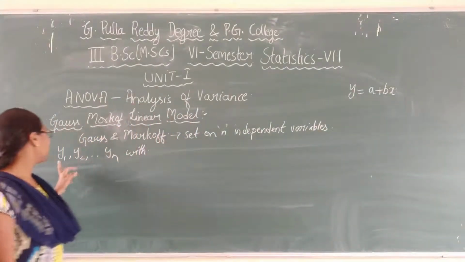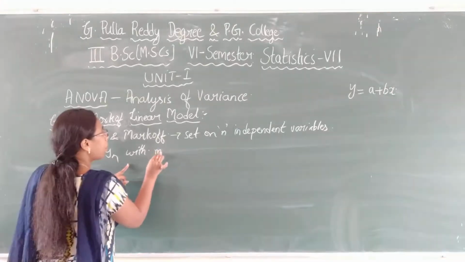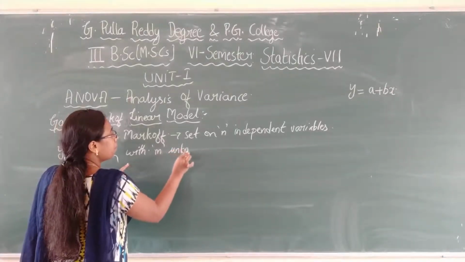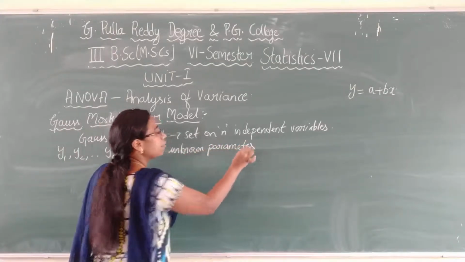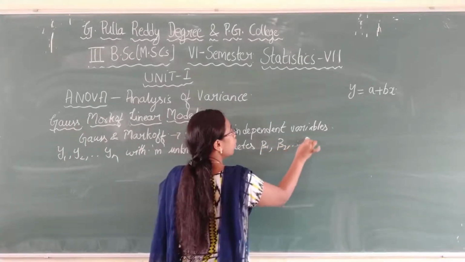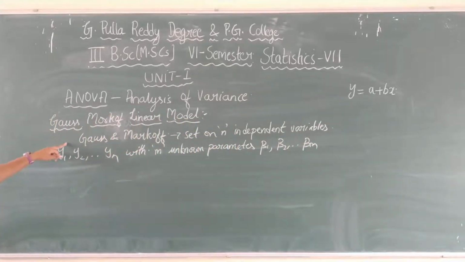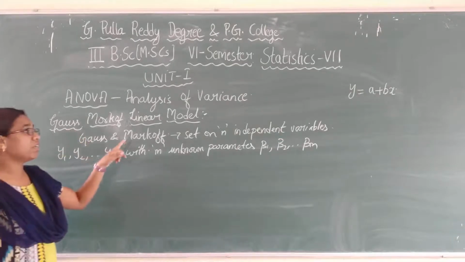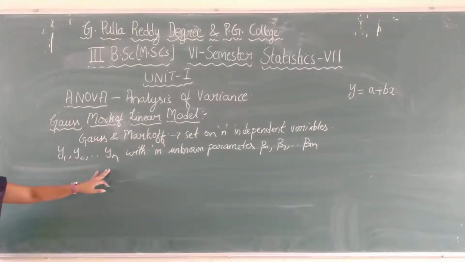Same like that, for n independent random variables with m unknown parameters, those parameters are denoted with betas, that is beta 1, beta 2, and so on, beta m. So Gauss and Markov developed a linear model for the set of n independent random variables y1, y2, so on, yn with m unknown parameters, beta 1, beta 2, and so on, beta m.